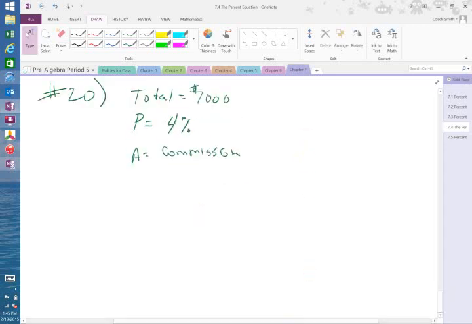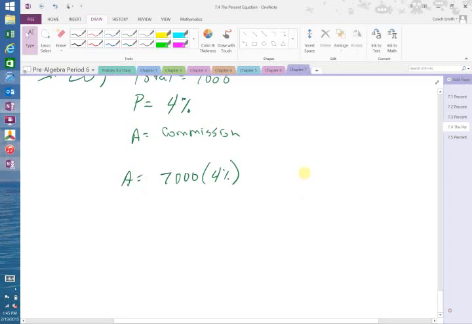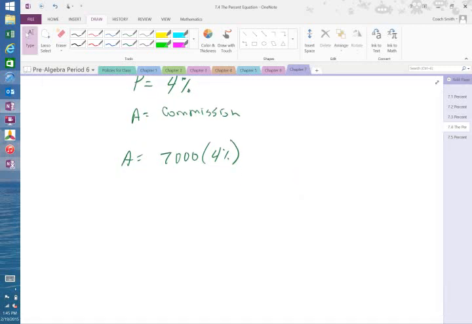So A is equal to 7,000 times 4%. Once again, you must change the percent to a decimal or a fraction. If you change it to a decimal, A is equal to 7,000 times 0.04, which is equal to 280.